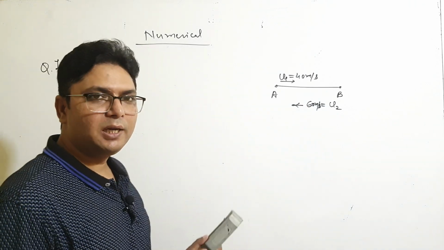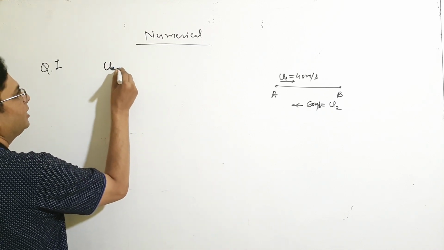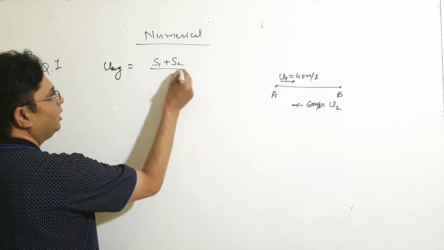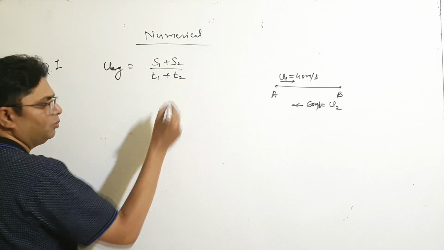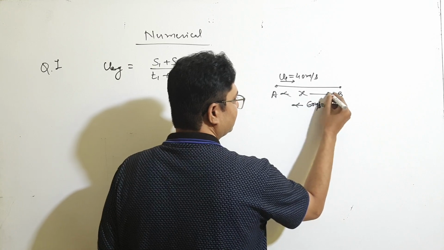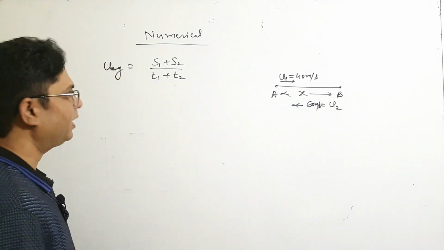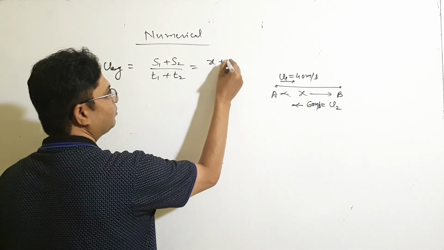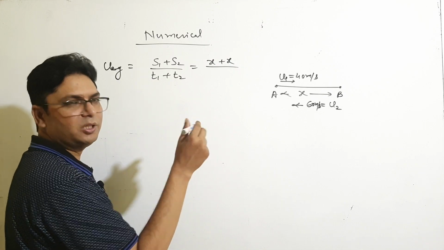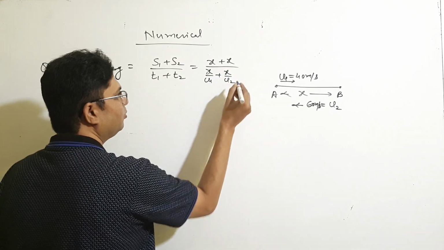This type of numerical can be solved by the general formula that u average is equal to distance s1 plus s2 divided by time t1 plus t2. So here from A to B is distance x, let it be x. So s1 is x, and s2 is also x. So you have x plus x. Time is equal to distance upon speed. So you have x upon u1 plus x upon u2.